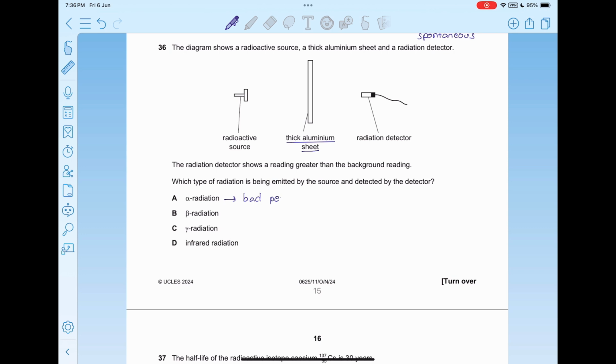Alpha and infrared radiation will not, and infrared doesn't even have a reading on the detector, so A and D are already out. Between beta and gamma, gamma can penetrate through thick aluminum sheet while beta cannot, so C is the answer.